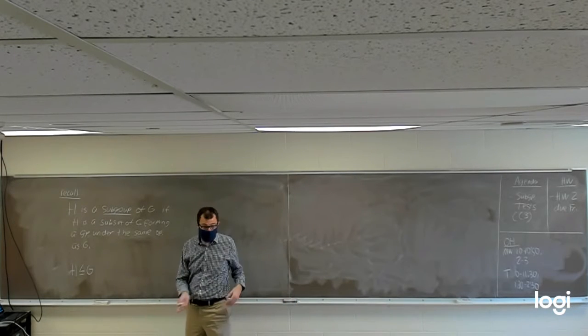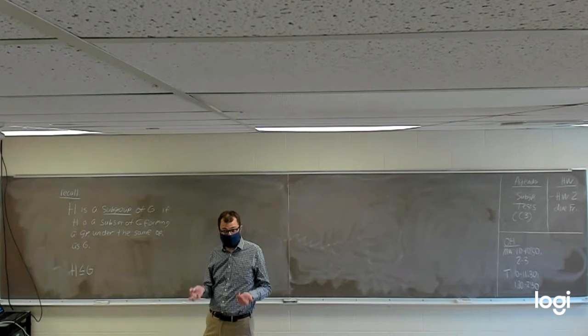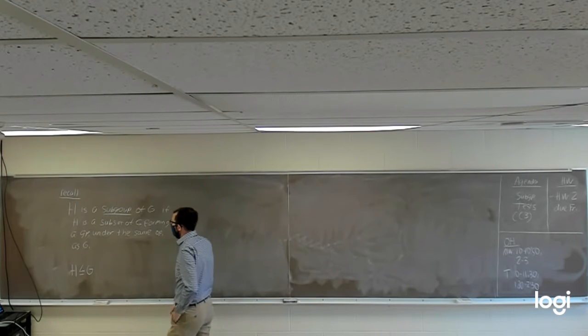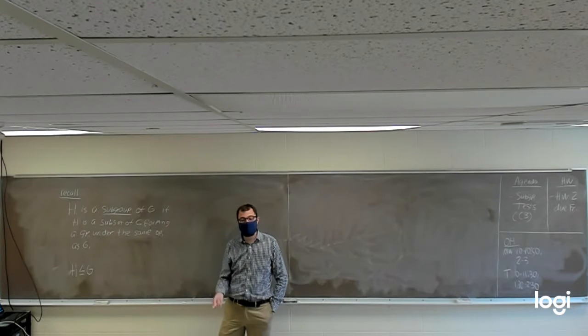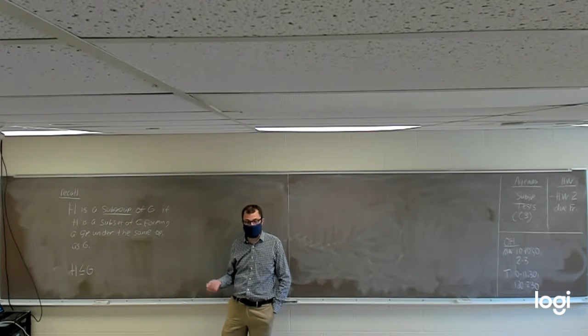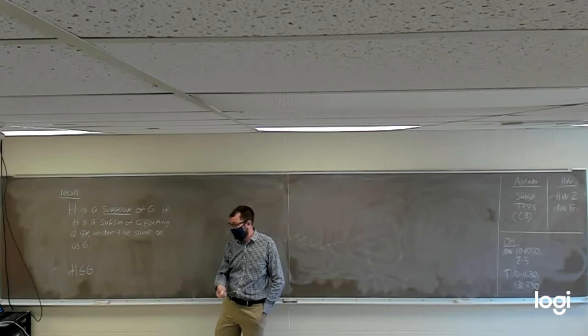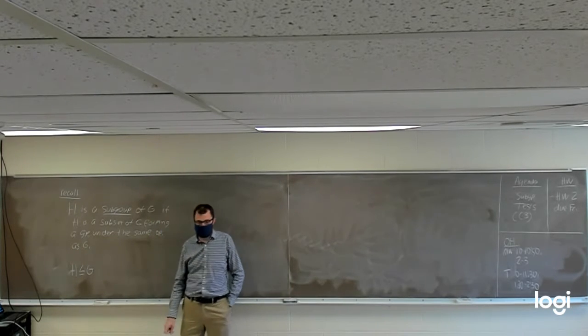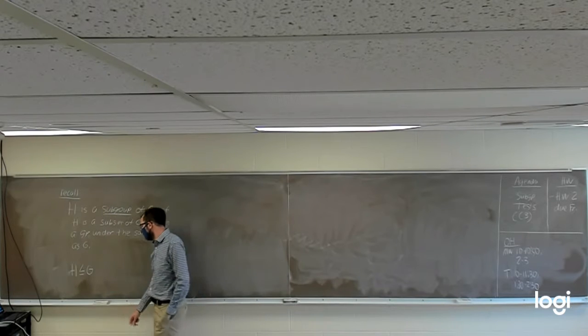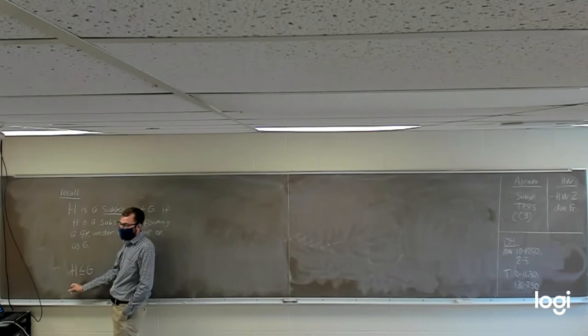So, last class we talked about lots of examples of these things called subgroups, where in general we say that H is a subgroup of G if H is a subset of G, meaning every element in H is also an element in G, and if H itself forms a group under the same operation as G. Our notation for subgroup is the less than or equal to symbol.